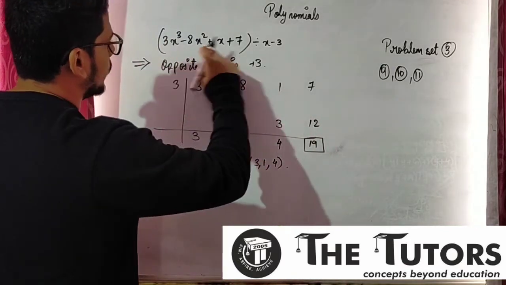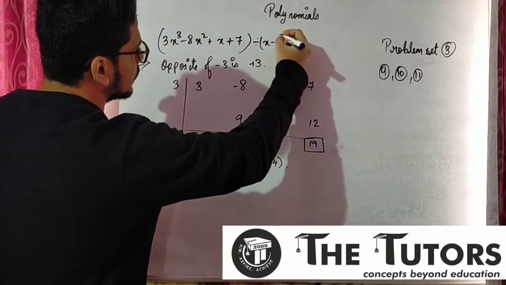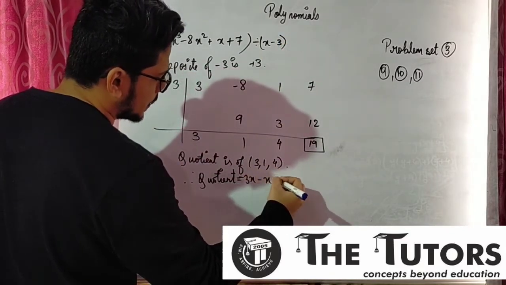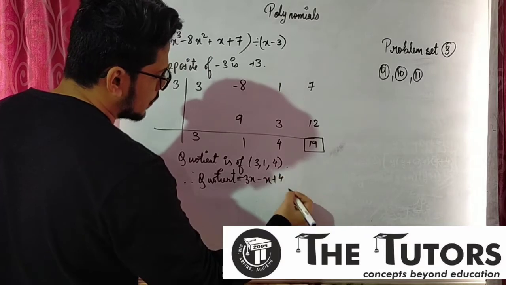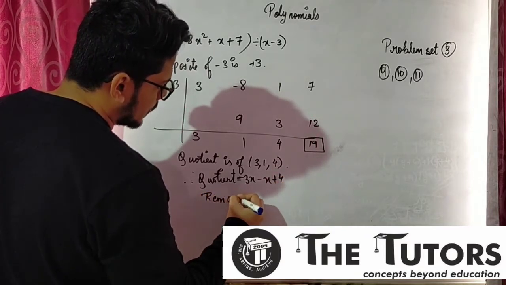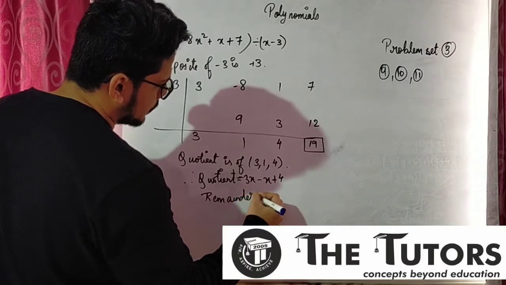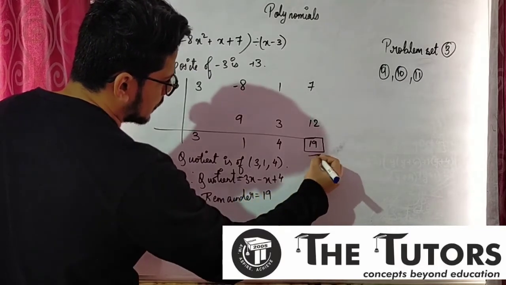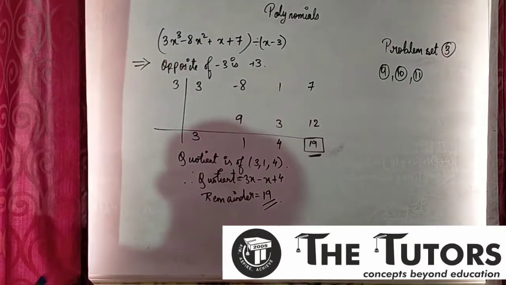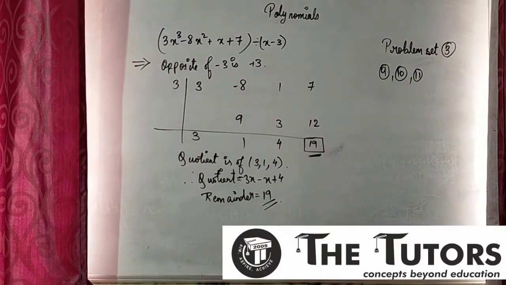The polynomial is in the form of x, so you have 3x squared plus x plus 4 and remainder is equal to 19. Okay, we could look at this one and then we'll move to the 10th question.